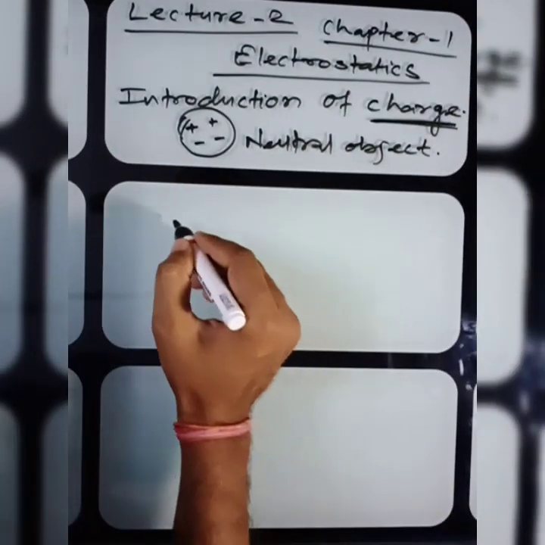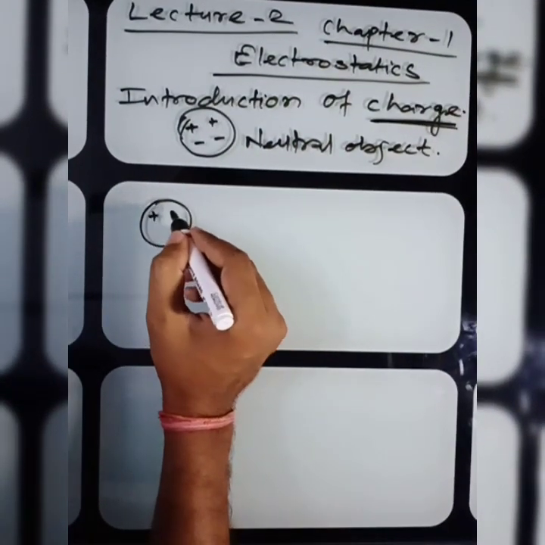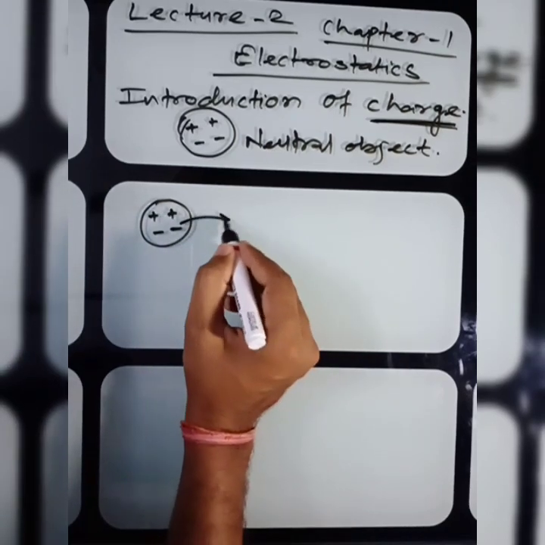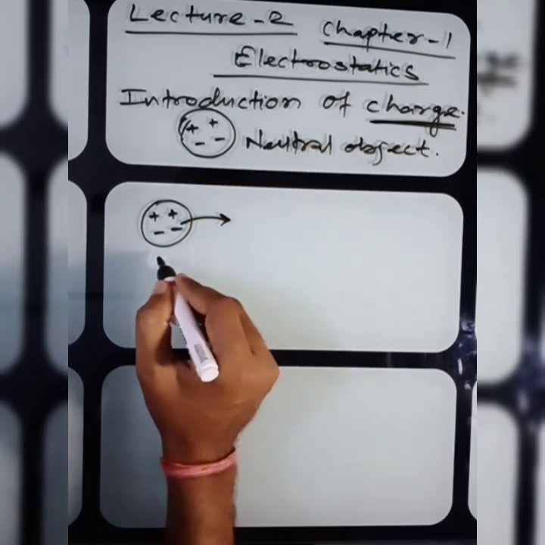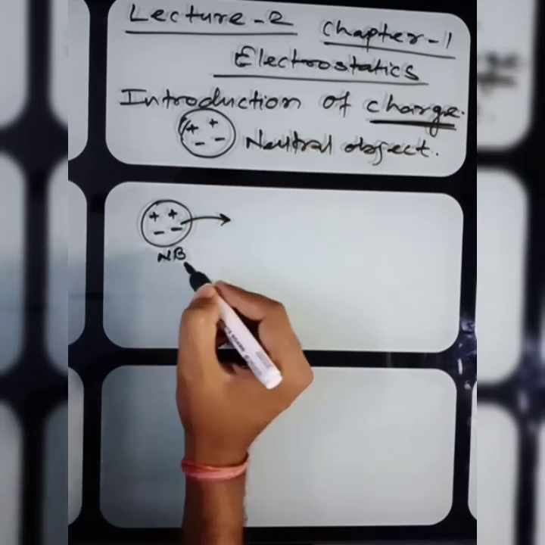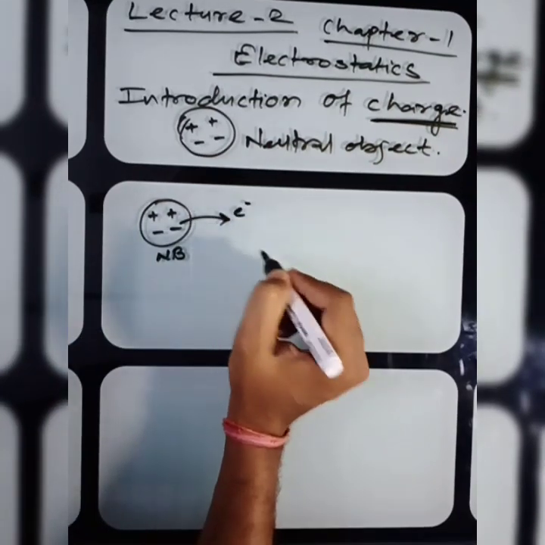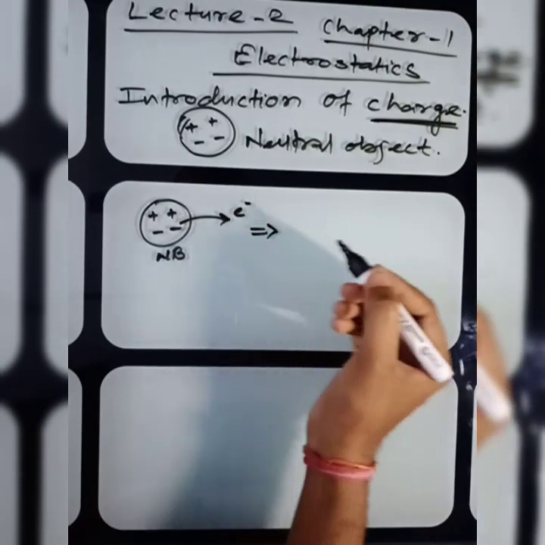Now, suppose a negative charge is removed from this body. Actually, it is a neutral body. But if negative charge, here it is electron, is removed, then what will happen?